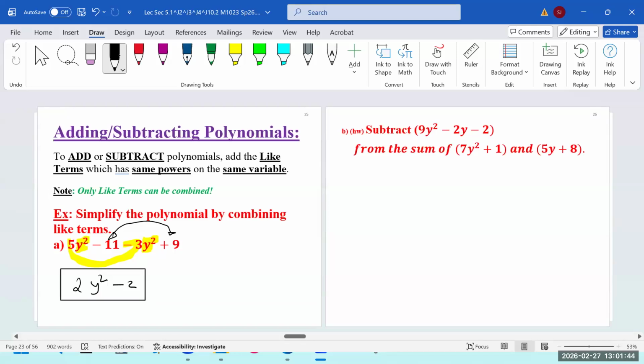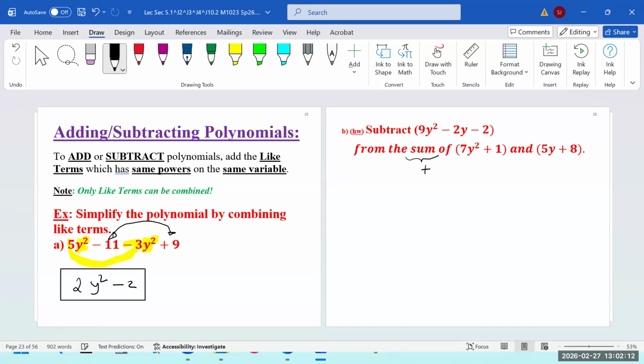Now comes the next example from your homework. It says subtract the polynomial, bless you. Subtract the polynomial 9y squared minus 2y minus 2 from the sum of the two polynomials 7y squared plus 1 and 5y plus 8. What does sum mean? Addition.